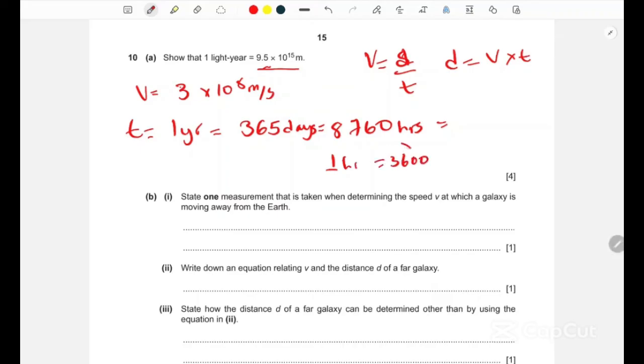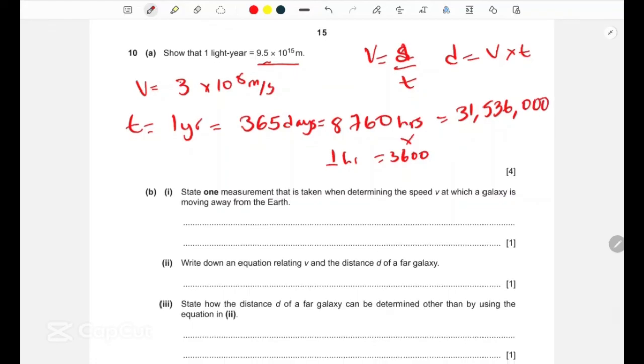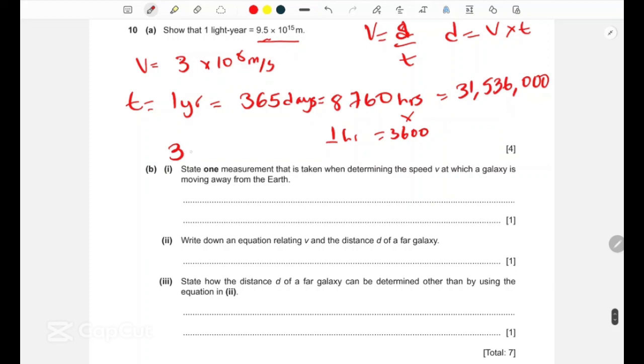So we multiply this by 3,600. So we would get 31,536,000. So now we have this. So now we multiply 3 times 10 to the power of 8 times 31,536,000. So when we multiply this, we get 9.5 times 10 to the power of 15. So we have proved it.